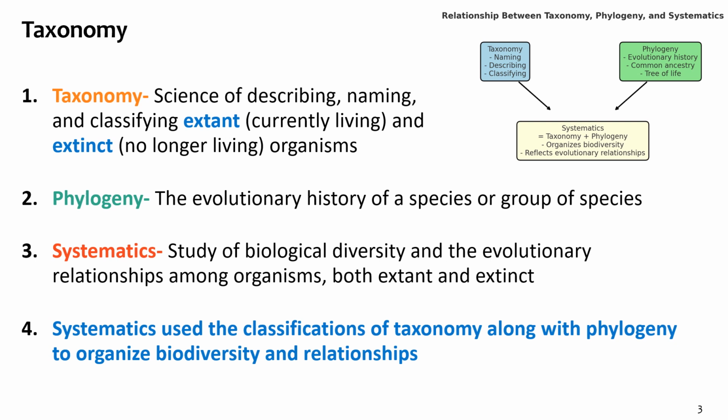Phylogeny is the study of the evolutionary relationship and the evolutionary history of a species or a group. This is not necessarily looking at how they are related to other organisms, but basically where they fit into evolutionary history, and that is tightly related to their relationships.